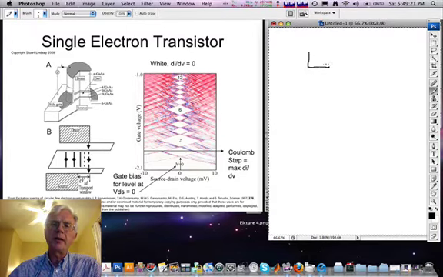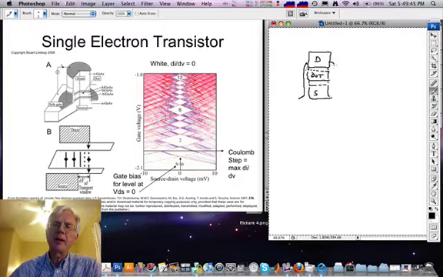So at the top is a pillar, a conducting pillar that corresponds to the drain, an insulating film of semiconductor, a very thin film of conductor for the dot, then another insulating film, and then a source electrode. A layer of insulation is applied to this structure, and then a gate electrode is evaporated on top of this.